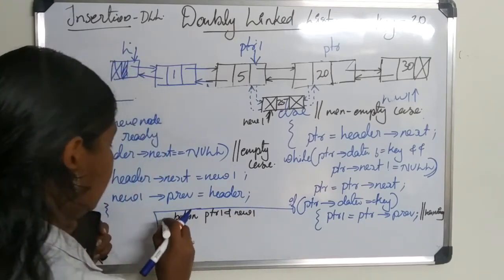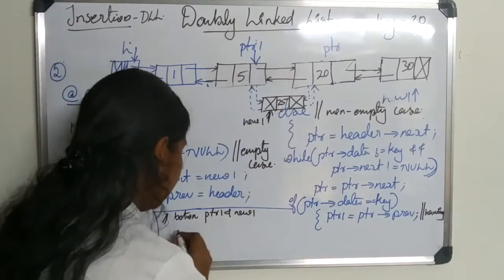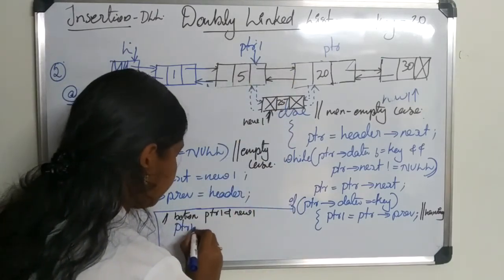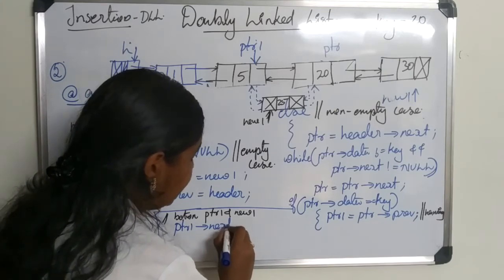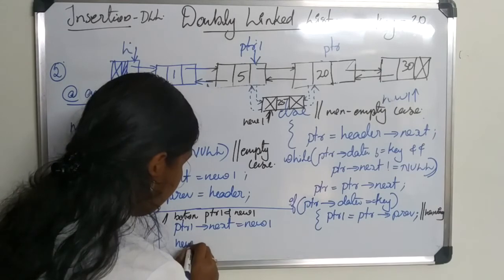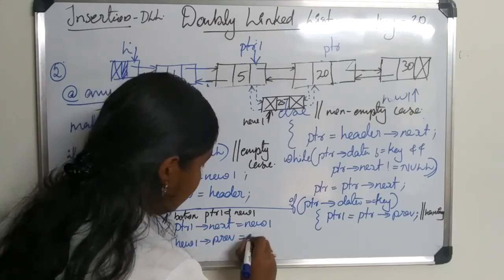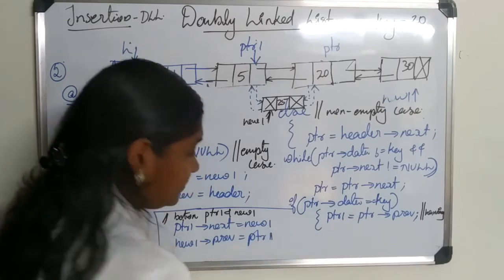Okay. So this is our common part. So you write ptr1 dot next is equal to new one. Then new one dot previous is equal to ptr1.